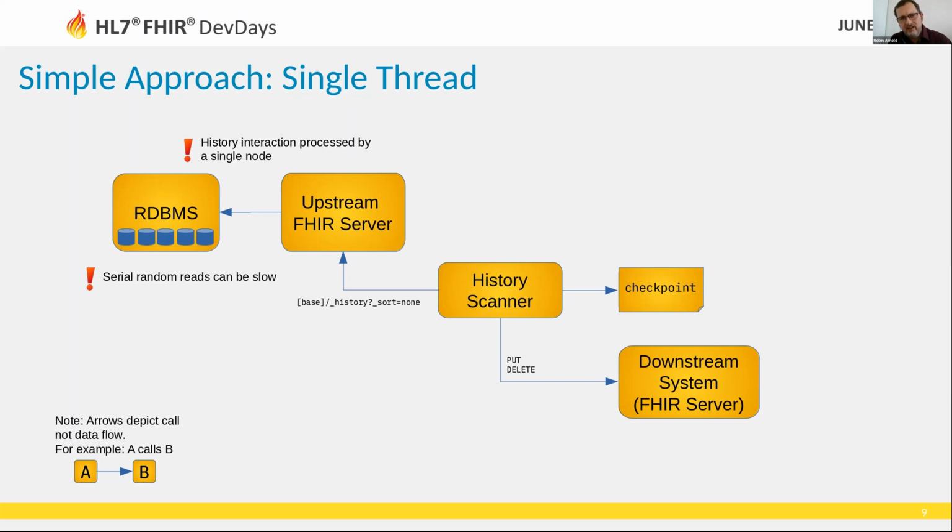Now the challenge here is that this is a very sequential process. So you do the fetch, and then the upstream FHIR server is going to have to basically read all of those resources to include them in the bundle that it responds with. Now that can take quite some time. If you've got a large bundle, it's going to have to pull all of those payloads together.